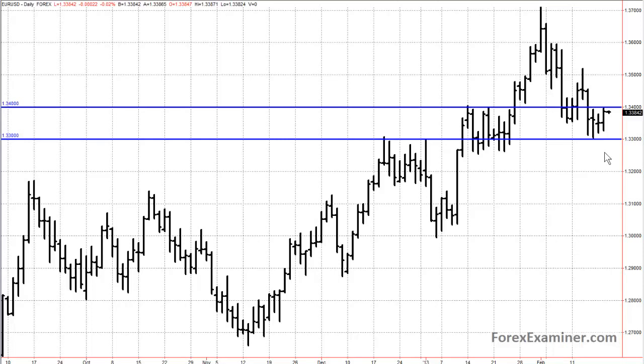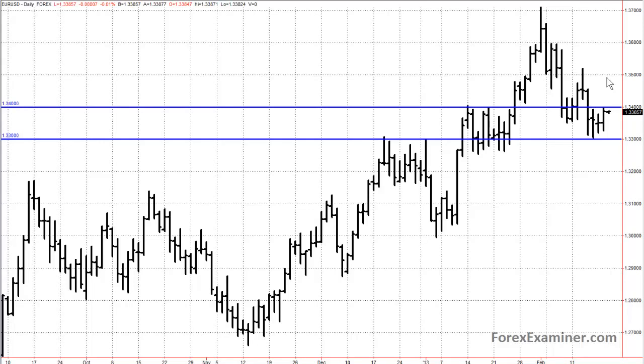But the three simple things a market does is it goes up, it goes down, or it goes sideways. So we are looking for the market to move itself from this sideways type of action and go up or down, and we will see if there is an opportunity for profit as it does so.